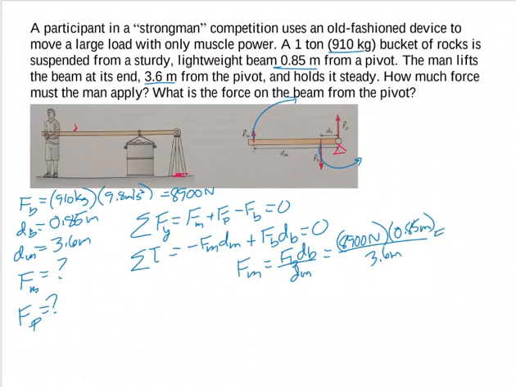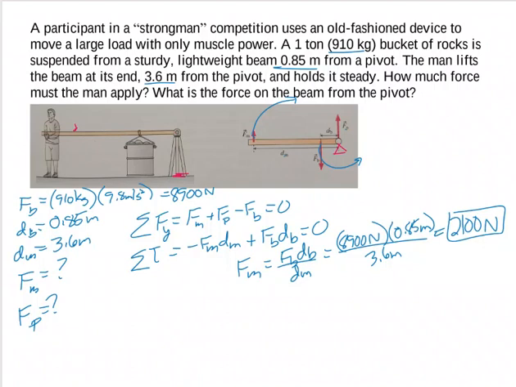So the calculator will give us an answer, and then significant figures makes it 2,100 newtons. So that is the force that the man needs to apply to lift the bucket of 8,900 newtons, which is significantly less. So that mechanical advantage there of the man using the lever of the beam is pretty significant.